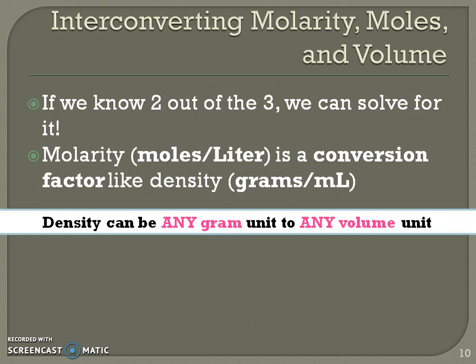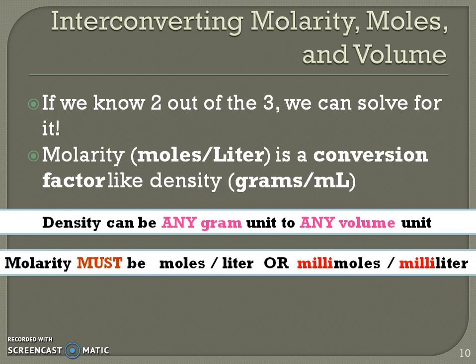In other words, I could have grams per milliliter. I could have kilograms per milliliter. I could have grams per hectoliter. Okay, you can have any gram unit to any volume unit. With molarity, it's not the case. Molarity has to have the same kind of unit conversion. So moles and liters are like the same. So that's like that 1-to-1.